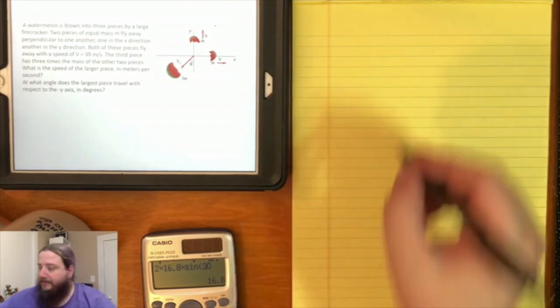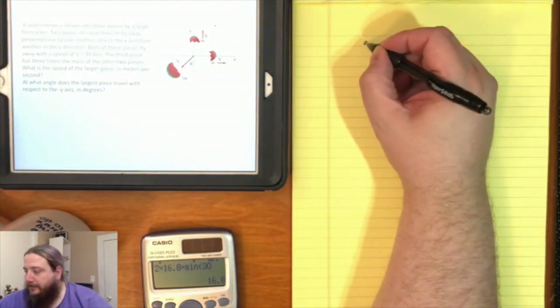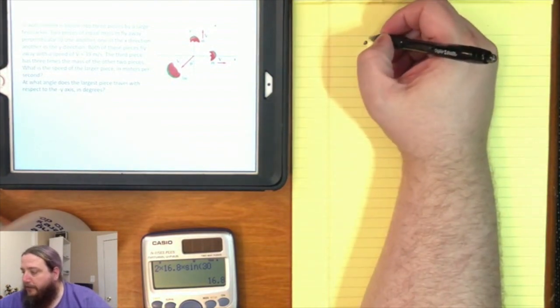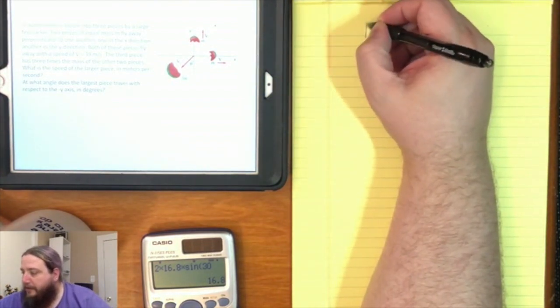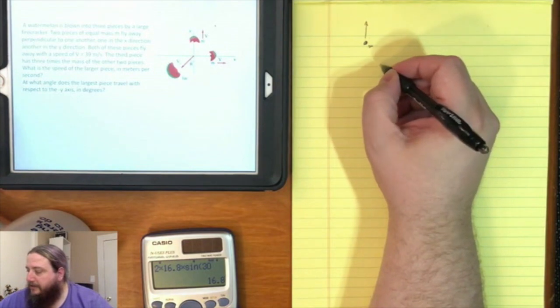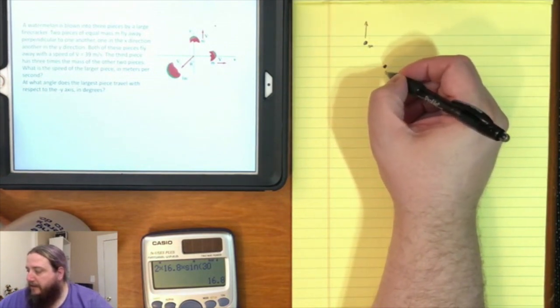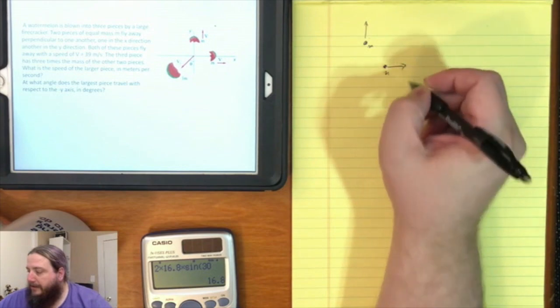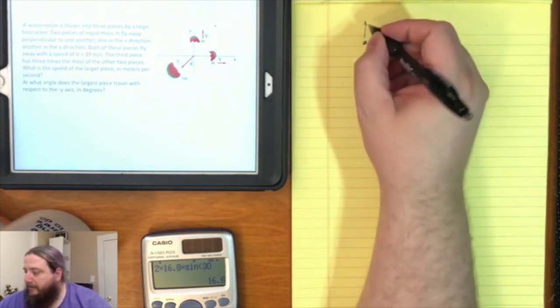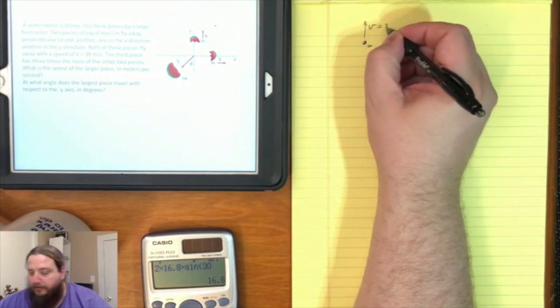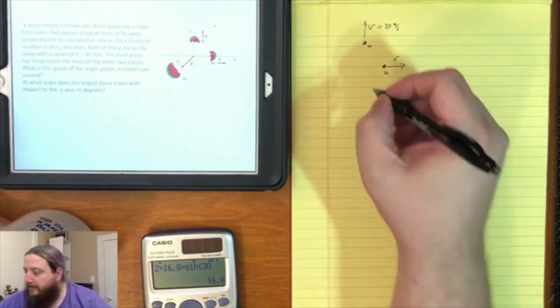So in this case, we have an object afterwards of mass m moving in that direction, another object of mass m moving in this direction, both at speed v, which is 39 meters per second.